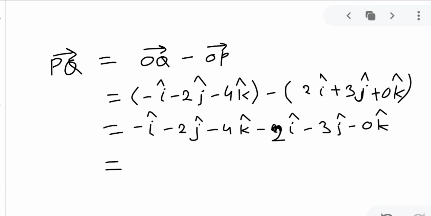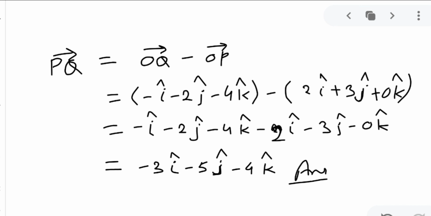And minus 2j minus 3j will be minus 5j. Just simplification. And minus 4k minus 0k will be minus 4k only. So this will be our required vector PQ: minus 3i minus 5j minus 4k. I hope you understood.